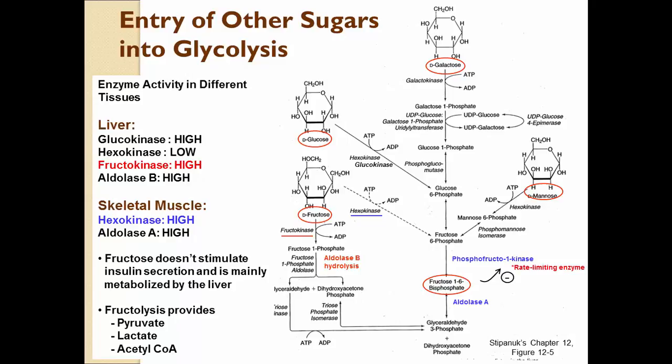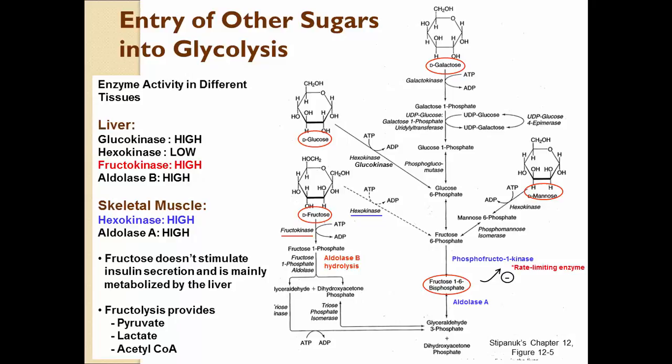So let's go through the pathway of fructose glycolysis. Fructose is first converted to fructose 1-phosphate by fructose kinase. Then fructose 1-phosphate is broken down by aldolase B into two 3-carbon molecules.